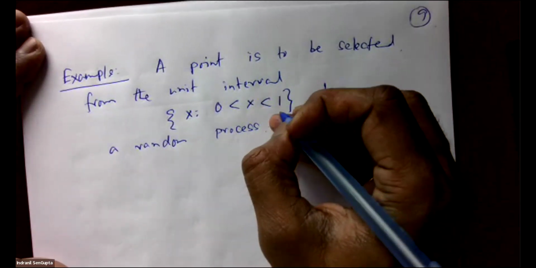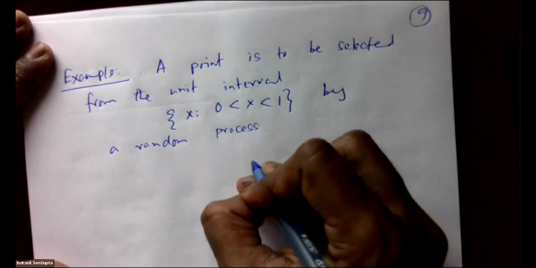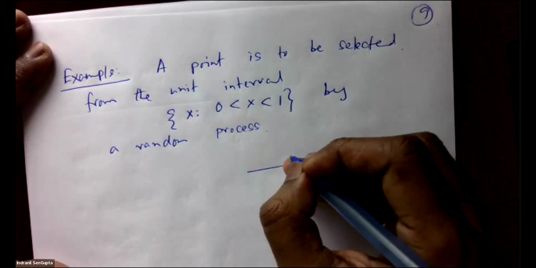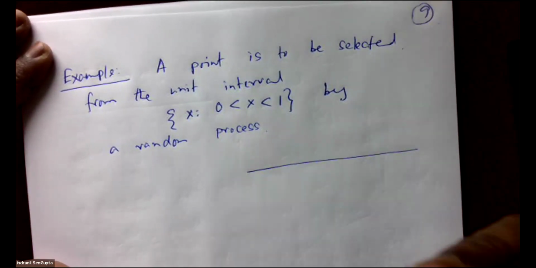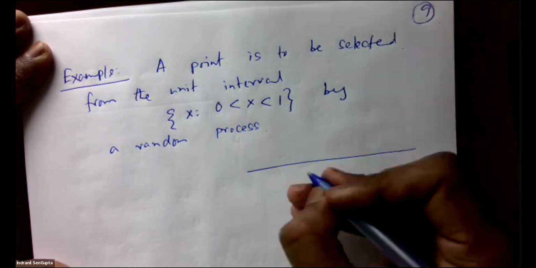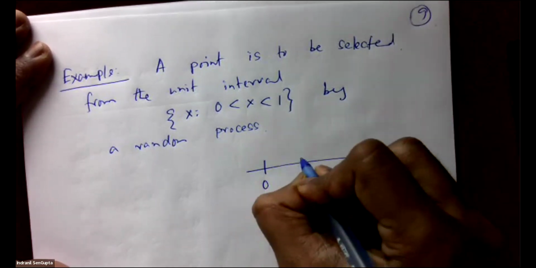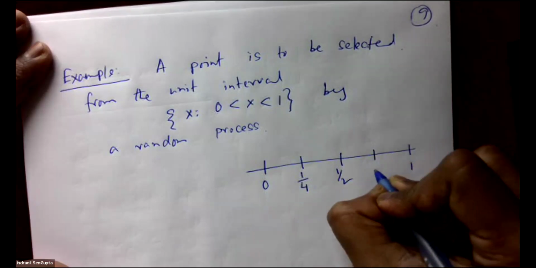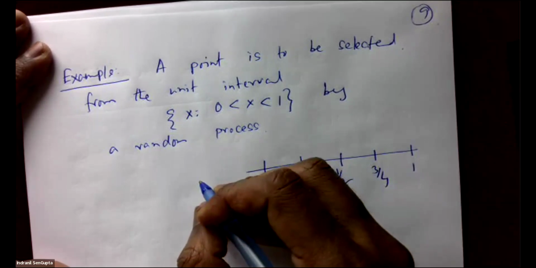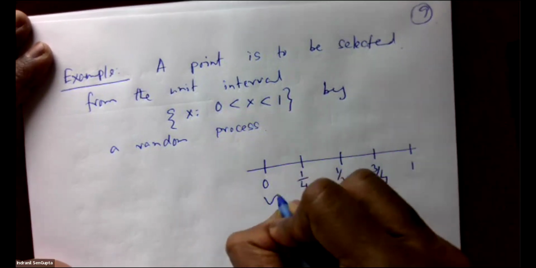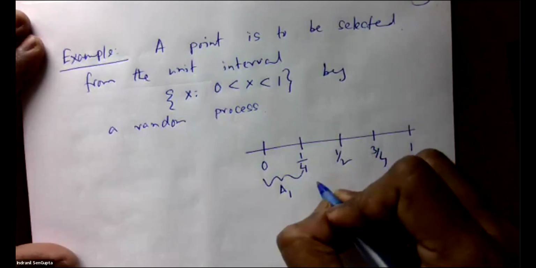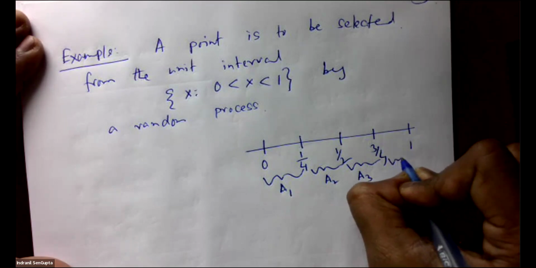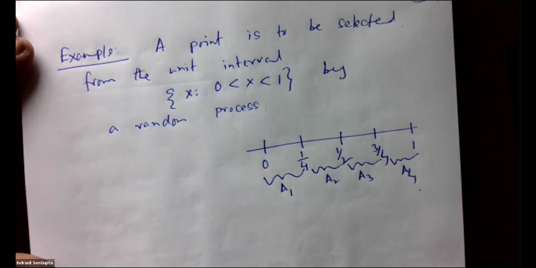Now, suppose we are dividing this entire interval into 4 parts. So we have A sub 1, A sub 2, A sub 3, and A sub 4. So we have 0 through 1. Out of this, we are dividing between 0 and 1/4, then 1/2, then 3/4. We call the first part A sub 1, the second part A sub 2, the third part A sub 3, and the final part A sub 4.